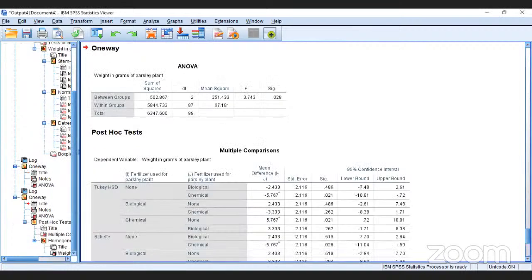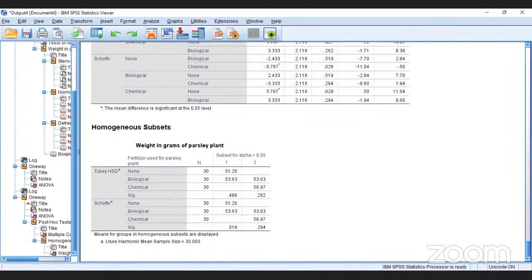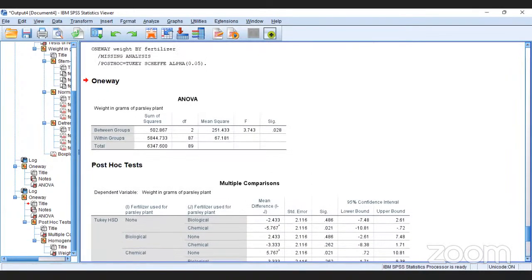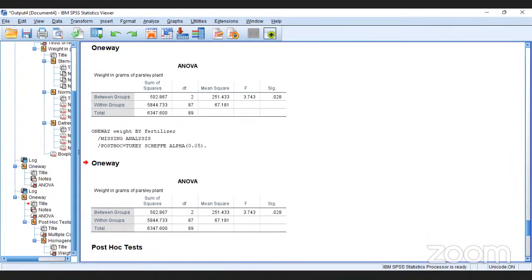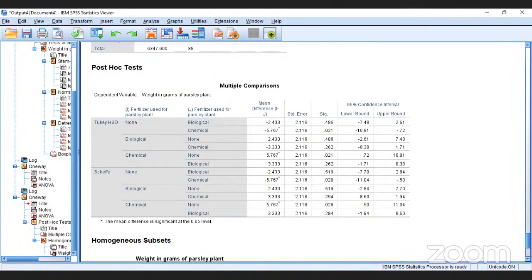We take OK. If I go with this, now what happens is that the Tukey or the Scheffe test give us almost the same results.